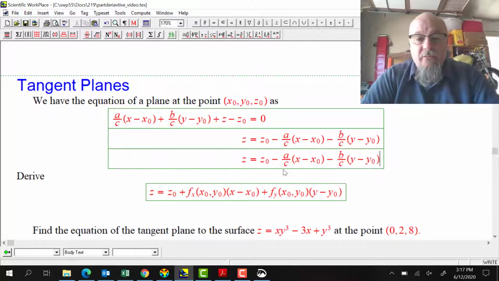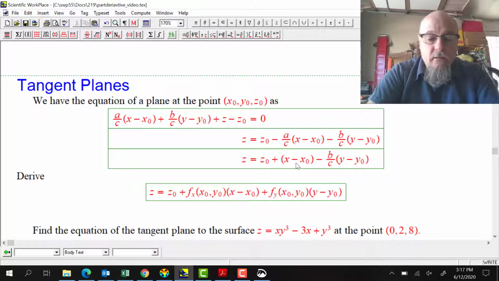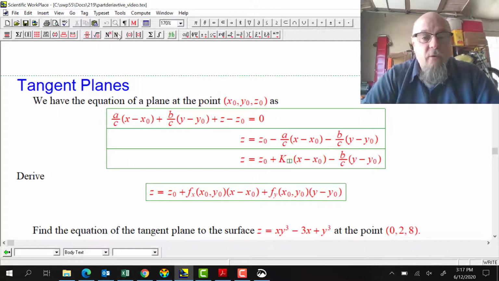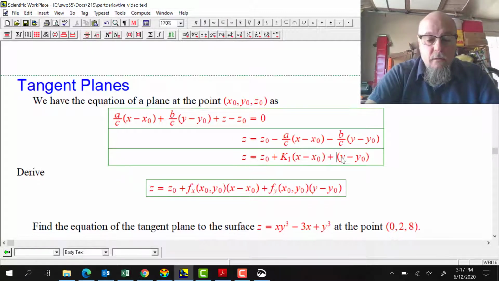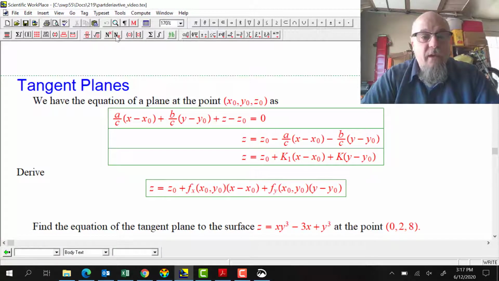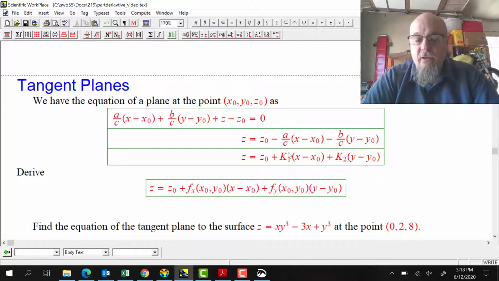So I'm going to call this minus a over c plus k1. What's k1? It's a number. This one I'm going to call plus k2. What's k2? It's another number. I know that k2 is minus b over c and k1 is minus a over c, but right now I just want to stick with this form. There's the equation of the tangent plane. Well, no, it's just the equation of a plane right now that goes through the point x naught, y naught, z naught.